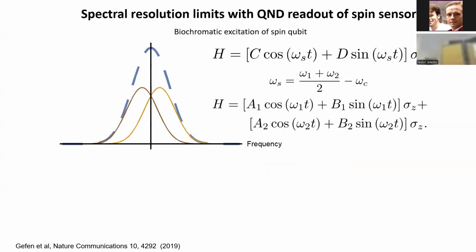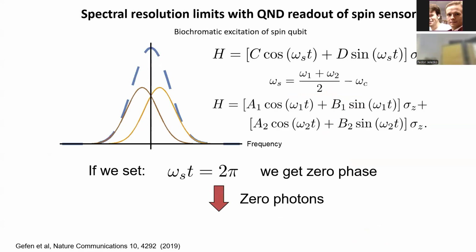Now, if you have two frequency components acting on an NV center, you can make control fields in a way that if you have just one frequency component, the Bloch vector returns back to the eigenstate, and you have no excitation in the system and no noise. Let's say 0 photons or 0 change of state.